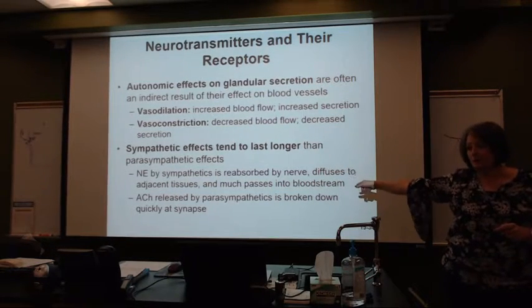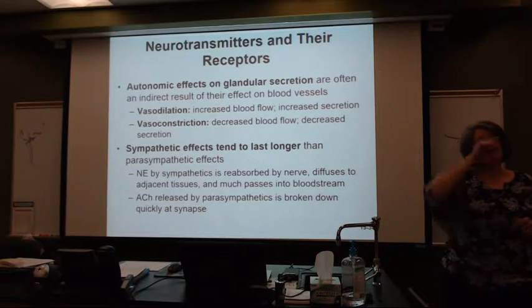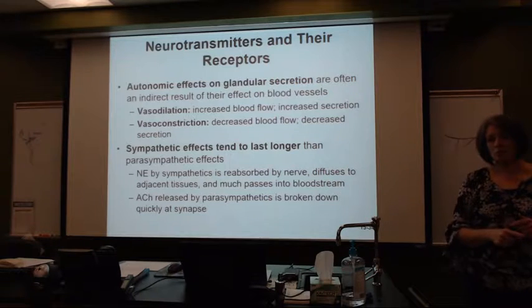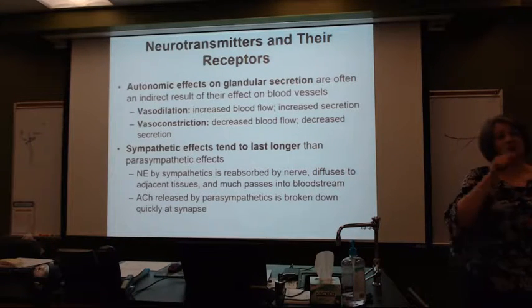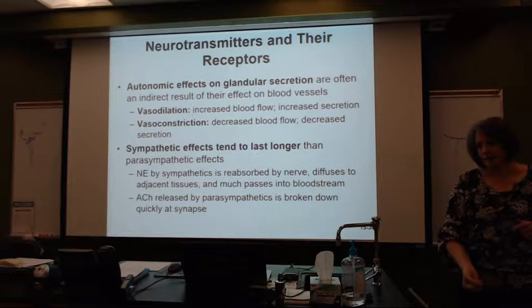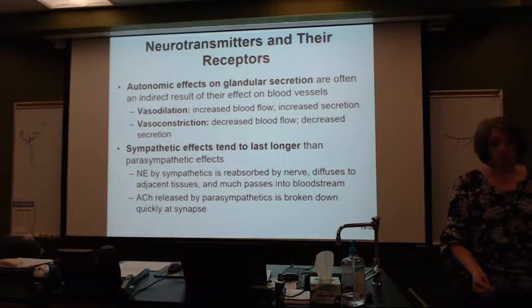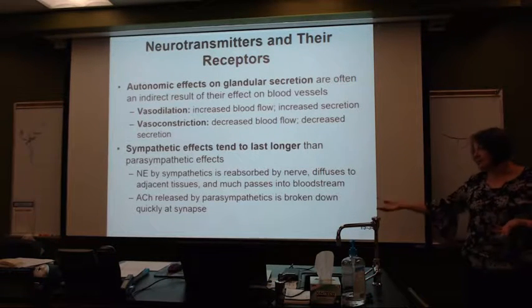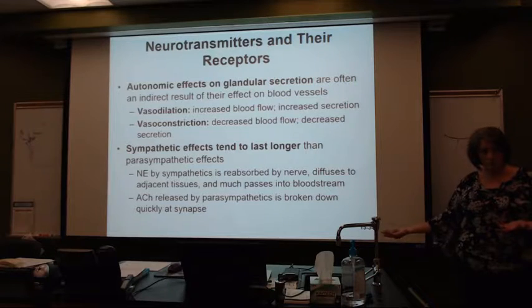And that means it makes its way to all cells of the body. And it has to actually be cleansed out of the body by the liver. So the effects last a lot longer.